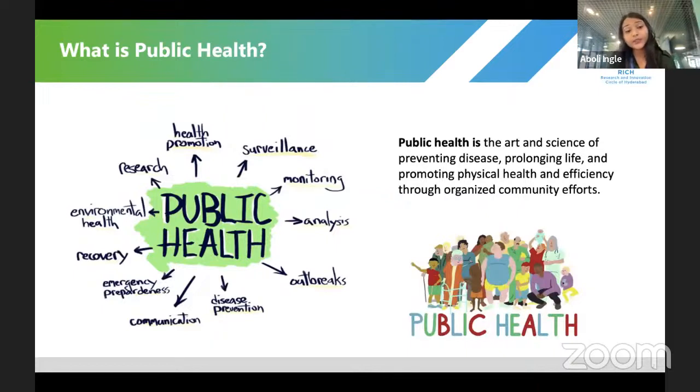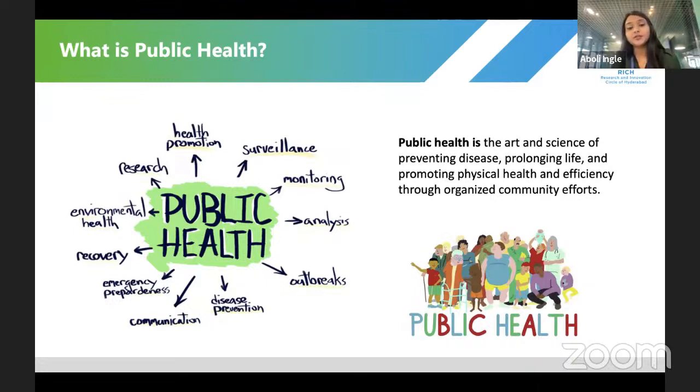How do we do it? We collect and analyze data on disease patterns, risk factors, and health indicators, which can guide public health interventions and policies. If we are better aware of the disease trend, we can prepare our action plan accordingly. That's how health surveillance is done.